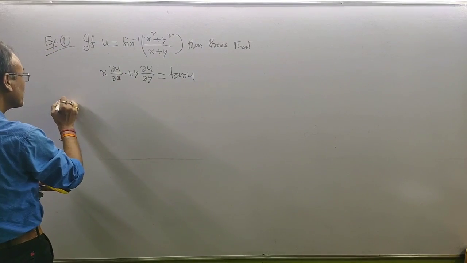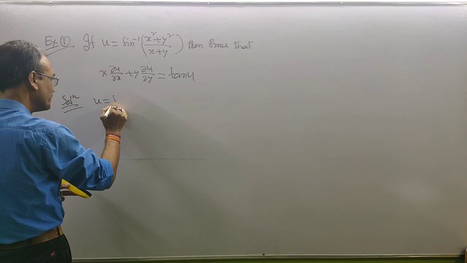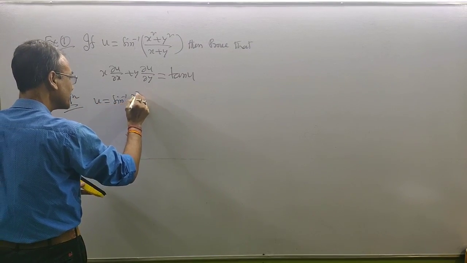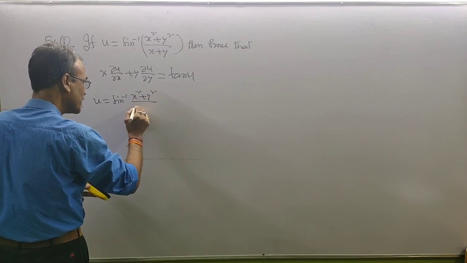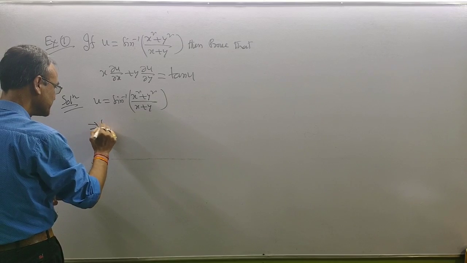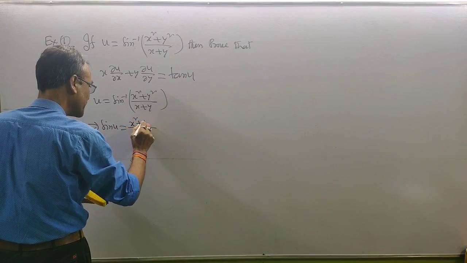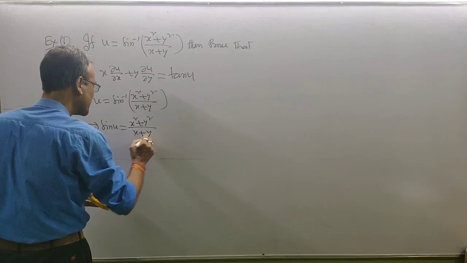Now, the solution of this. u equals sin inverse of (x square plus y square) divided by (x plus y). This means sin u equals (x square plus y square) divided by (x plus y).